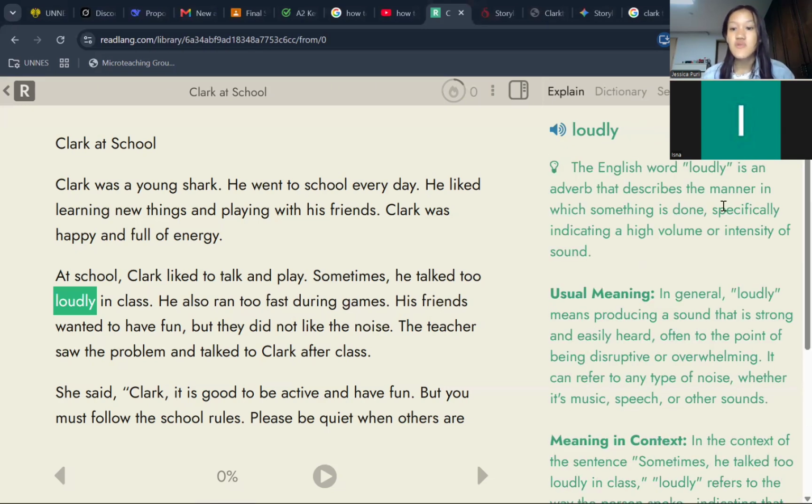The English word loudly is an adverb that describes the manner in which something is done, specifically indicating a high volume or intensity of sound. So, what does loud mean in Indonesian? Loud means keras. Okay, very good. And then you say kind, right? So, what does kind mean? Kind means baik. Okay, excellent.